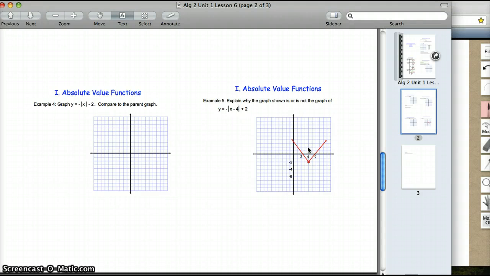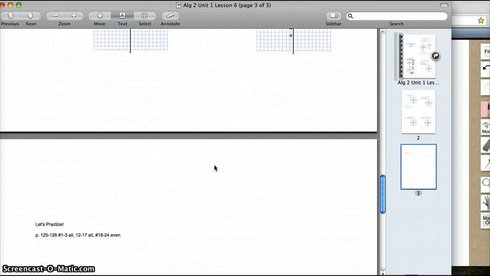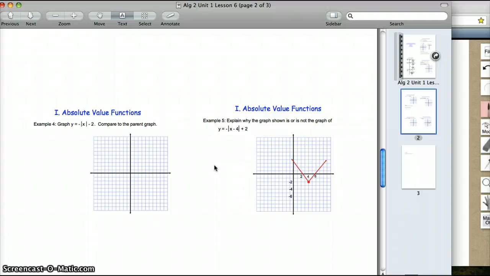So 4, up a positive 2. Now, the question says, explain why the graph shown is or is not the graph of this function. It's not the graph of it because you should have gone x is 4, y is 2. And this is not. This is (4, -2), not (4, positive 2). So keep that in mind. Those little details really matter when you're going to graph absolute value functions.